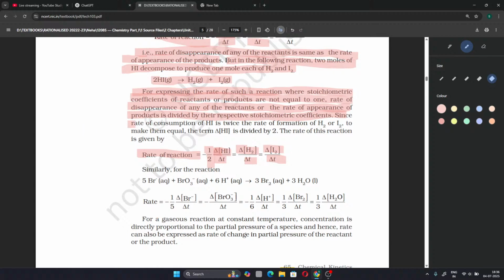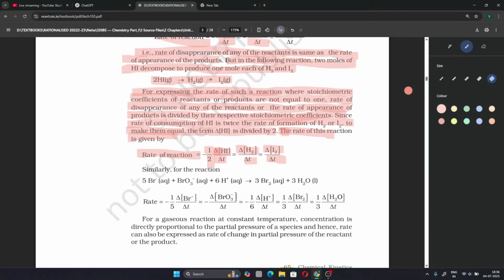Since the rate of consumption of HI is twice the rate of formation of H2 or I2, to make them equal, the term delta HI is divided by 2. The rate of the reaction is given by this expression. Basically, because HI is decomposing to give H2 and I2, we need 2 of them, and dividing by 2 gives us the whole rate of reaction.